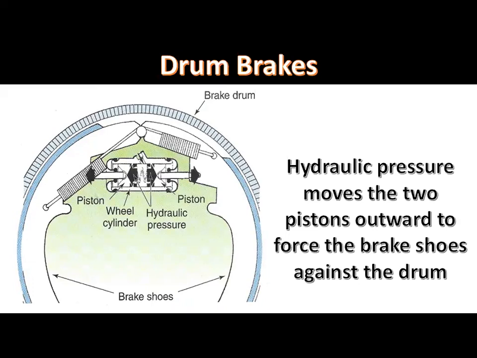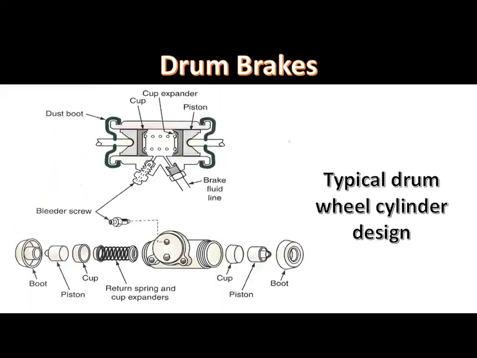In a drum brake system, the brake shoes are forced outward against the drum by the wheel cylinder pistons. Each wheel cylinder contains two pistons and cup seals with expanders. The expanders prevent air from entering the system when the pistons and cups are moving.